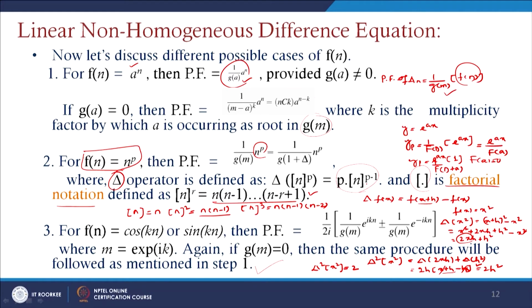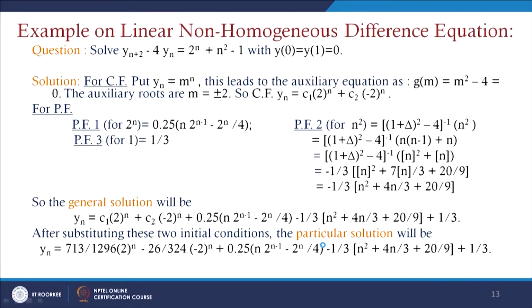This particular function can be written as 1 by 2i into 1 by g of m, e to the power i k n plus or minus e to the power minus i k n, where m equals exponential of i k, since exponential of i k can be written as cos of k plus i sin of k. And if g of m equals 0, then we can follow the previous procedure to get the solution.